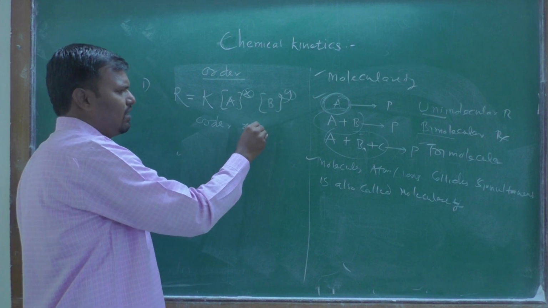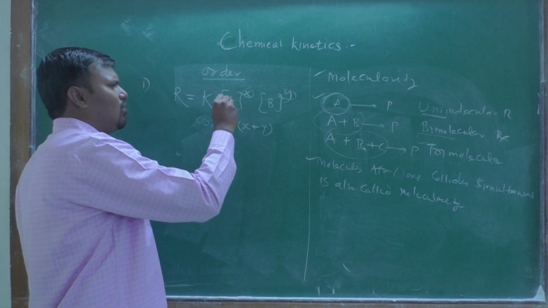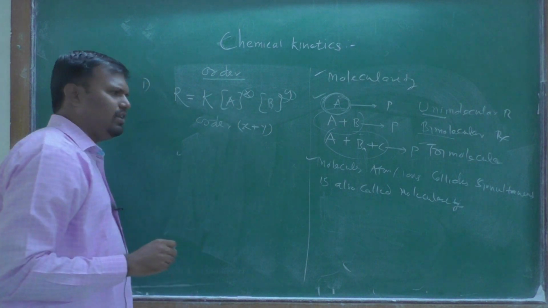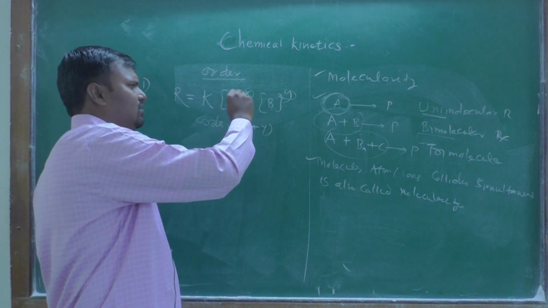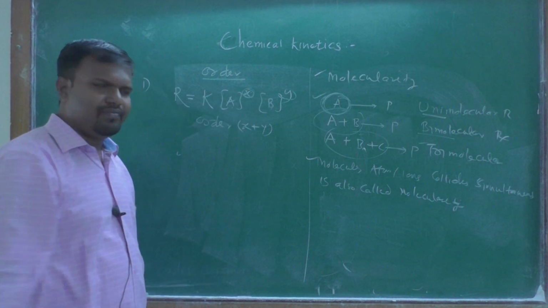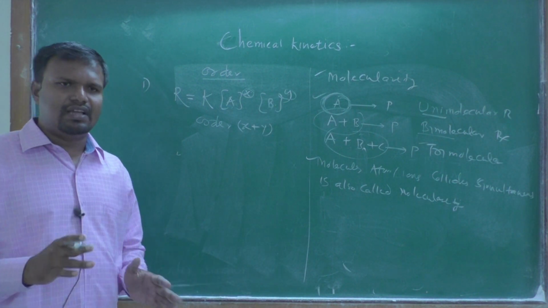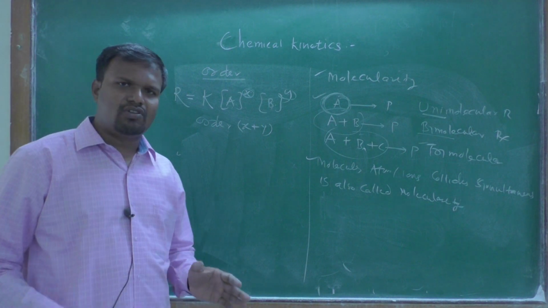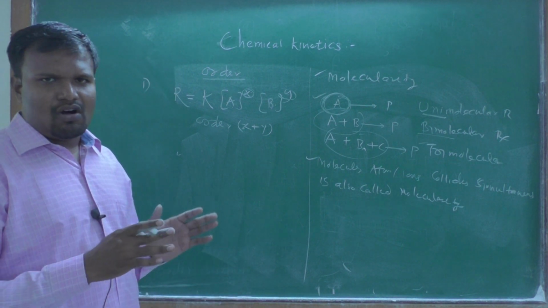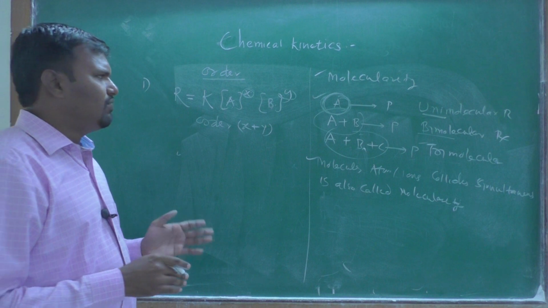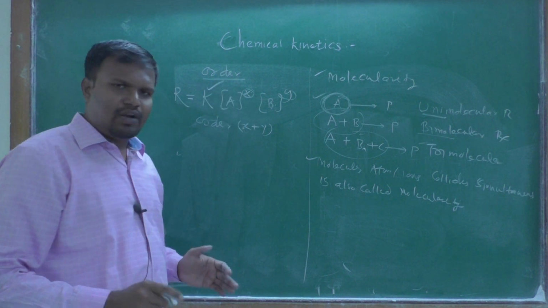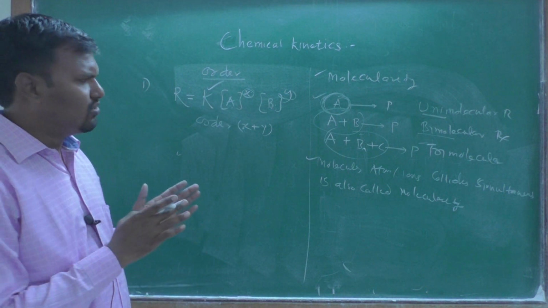X and y are the exponents of A and B. Therefore, we define it as the summation of the exponents of concentration in the rate law equation. That is nothing but the order.